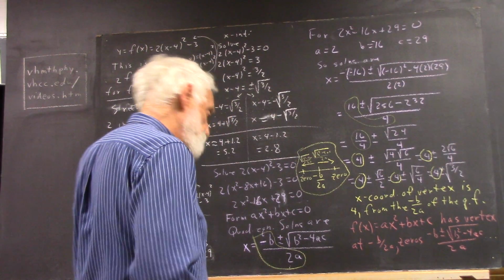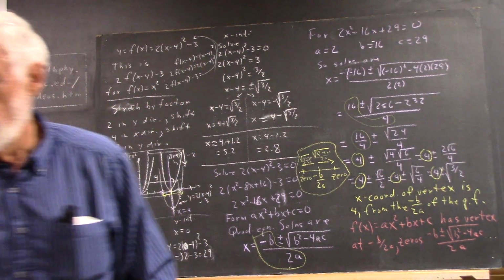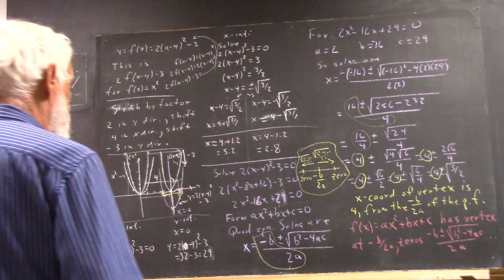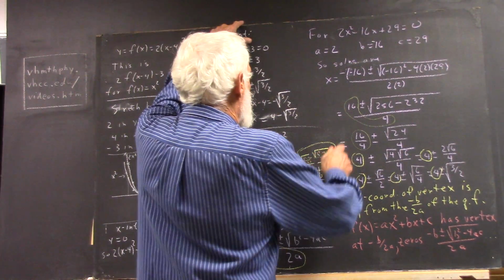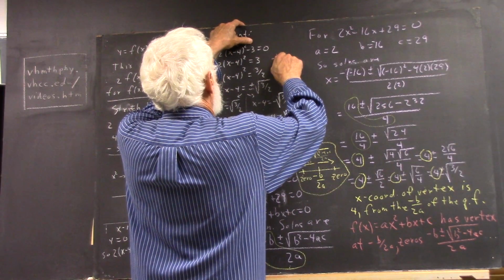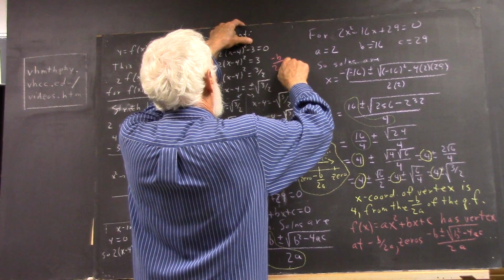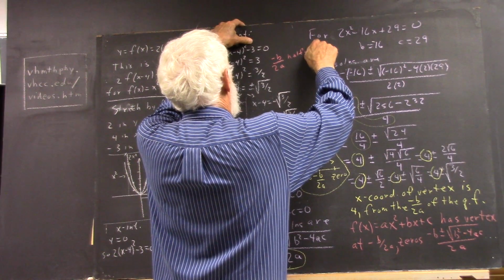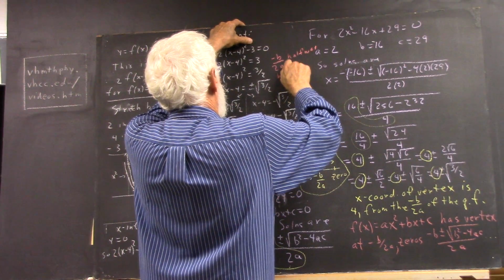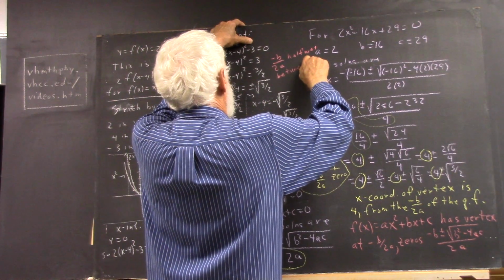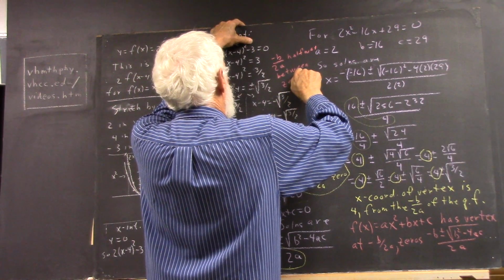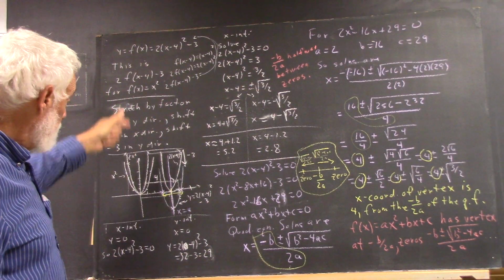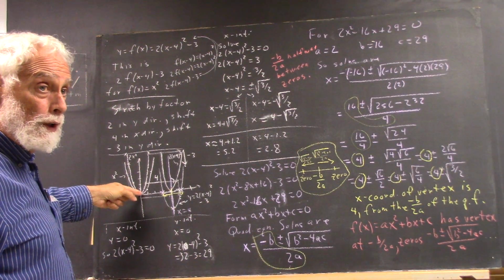So we establish that negative b over 2a is halfway between our zeros. Now, a parabola is symmetric about an axis, a vertical axis, through its vertex.